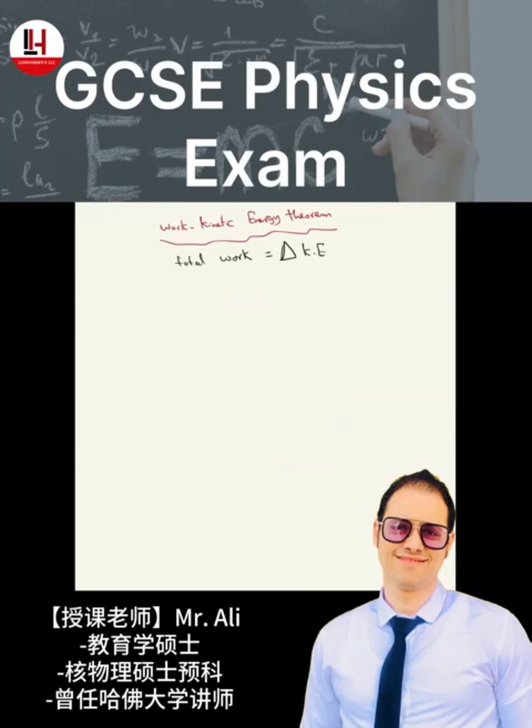Oh, wait a second. I need to know before continuing this, what is energy? Energy in general is the ability to do work, which means we understand how to get work.